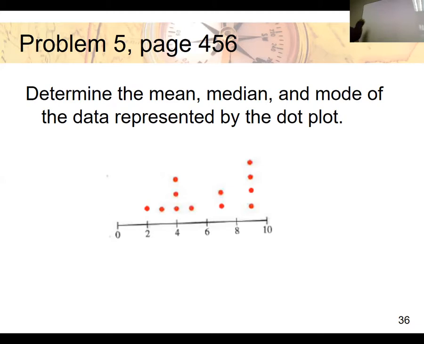And what I'm going to do here is go ahead and draw what I have. Use blue here. That is at 2.